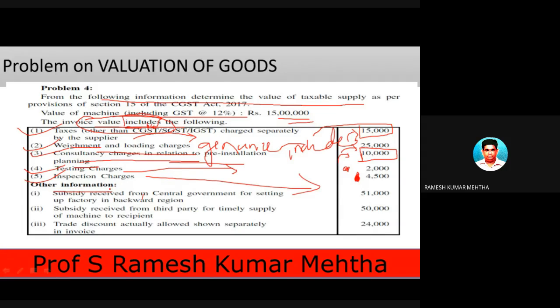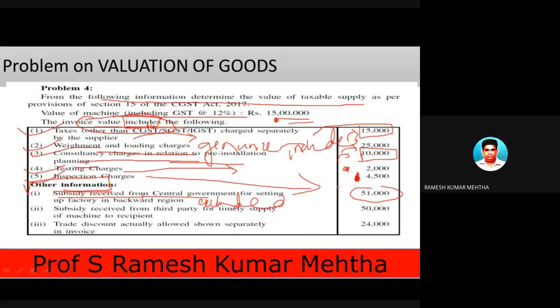Now what about the other information provided in the numerical problem? Subsidy received from central government: this should not be included, it should be excluded. But this is other information, so we should not do anything, it should not be considered here, because already it is not considered.